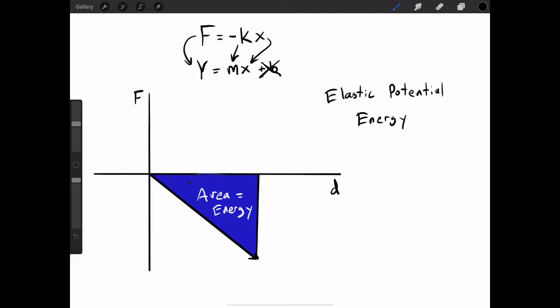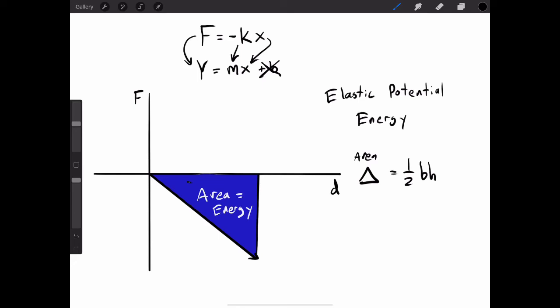So how can you find out how much energy is stored? Well, when we dealt with work, we knew that it was just the force times the distance, also known as the energy. So if we're going to find the area of this curve, what's the area of a triangle? Well, it is area of a triangle equals 1/2 base times height.